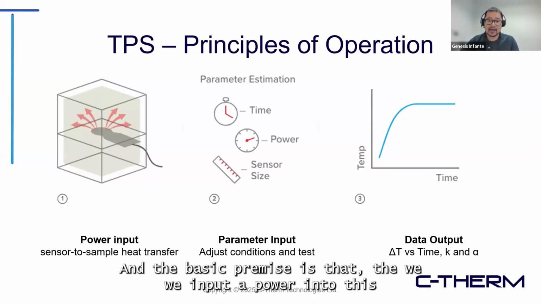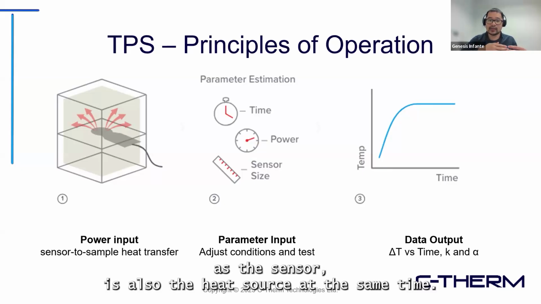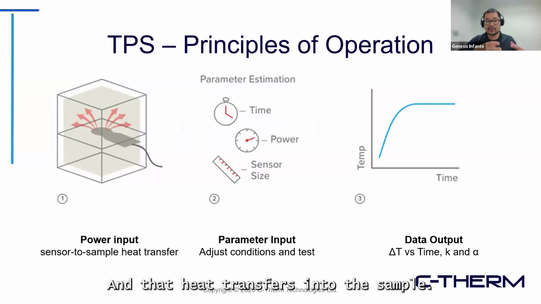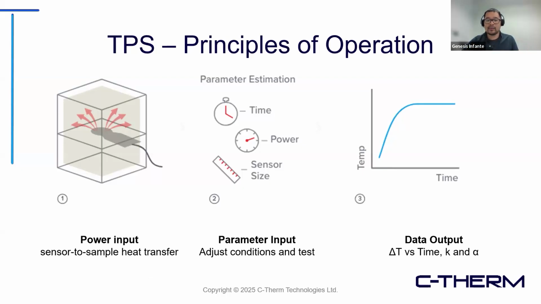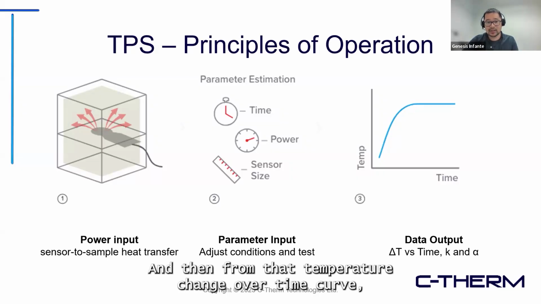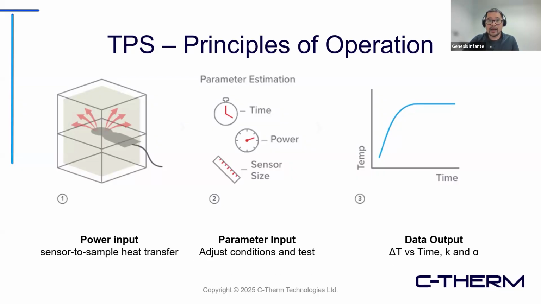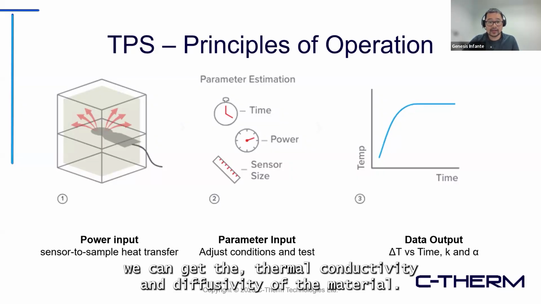The basic premise is that we input power into the sensor, which is also the heat source at the same time, and that heat transfers into the sample. We monitor that change of temperature over time, and from that temperature curve, we can get the thermal conductivity and diffusivity of the material.